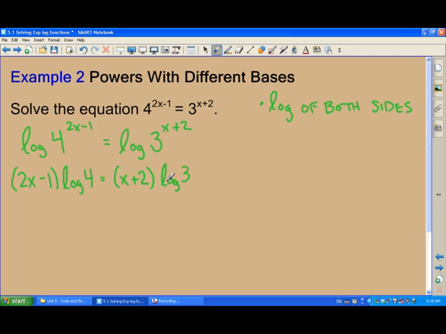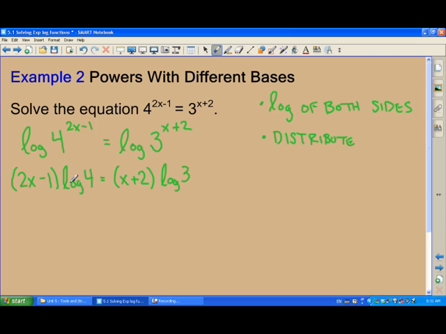And now I need to isolate the variable, and this becomes tricky because I need to first distribute on both sides. So I need to multiply this logarithm of 4 and this logarithm of 3 into both sides.